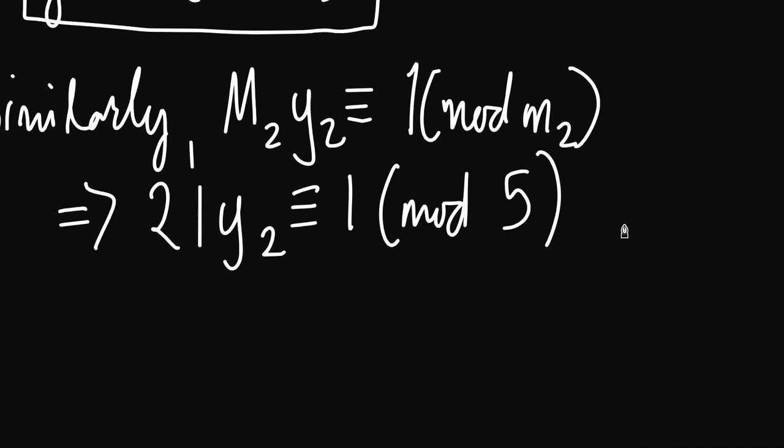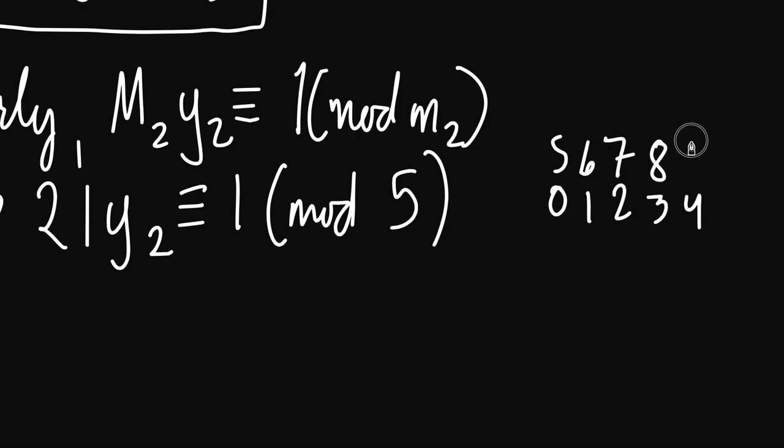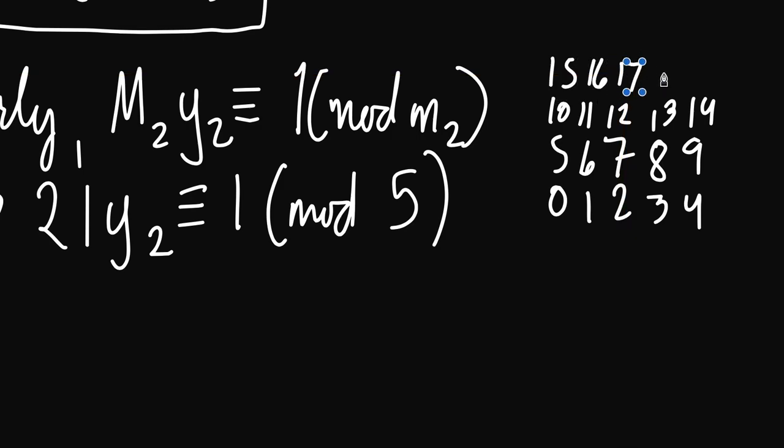If you want a proof of this, we can imagine 0, 1, 2, 3, 4, 5, 6, 7, 8, 9, 10, 11, 12, 13, 14, 15, 16, 17, 18, 19, 20, 21.